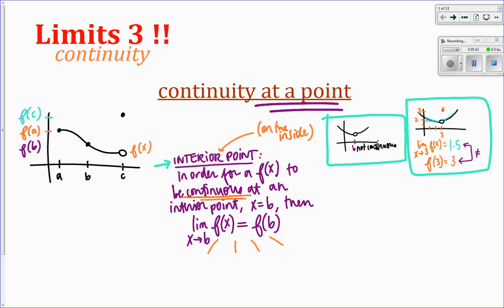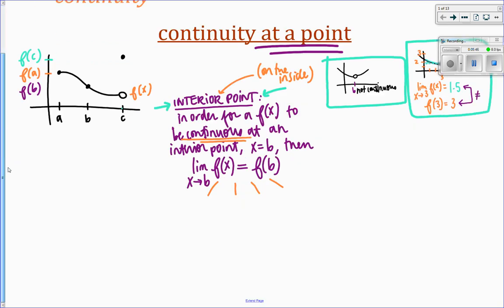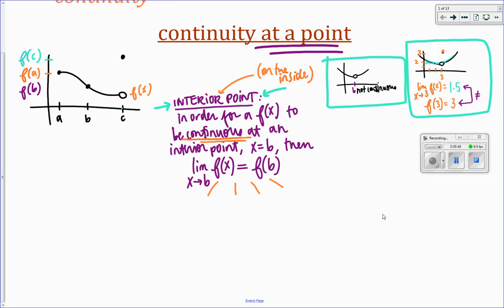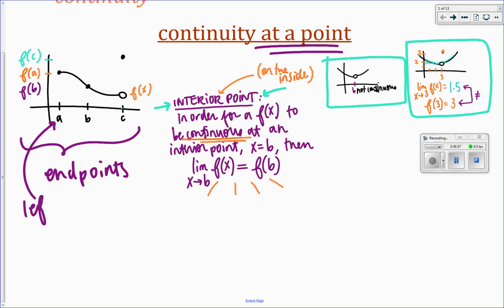Now, we started with interior points, but I also said we're going to talk about exterior points, otherwise known as endpoints. So if we look at our drawing above, we have two endpoints, specifically the points that are on the end. A is our left endpoint, and C is our right endpoint.